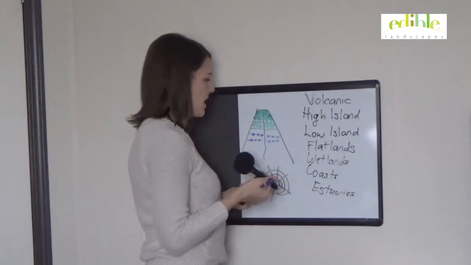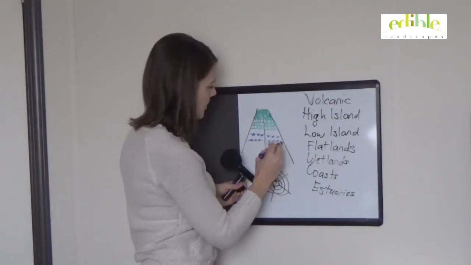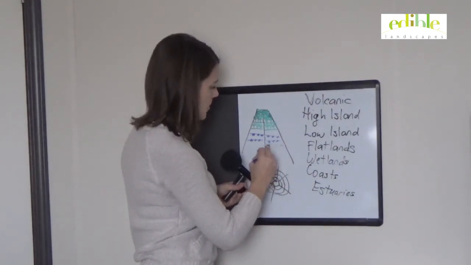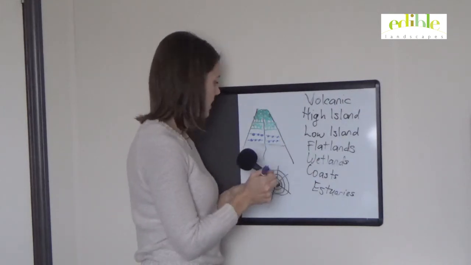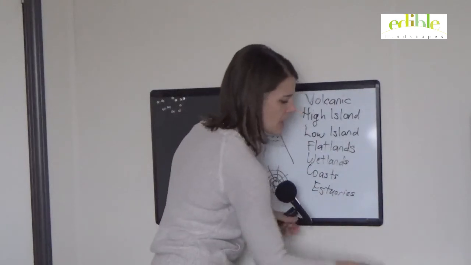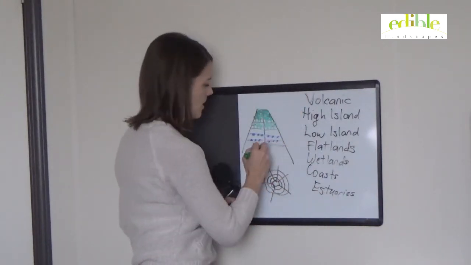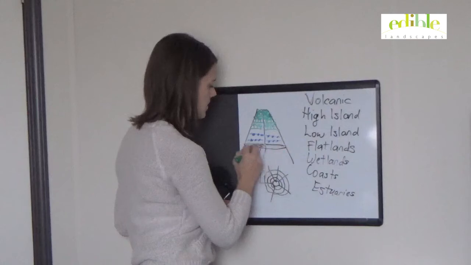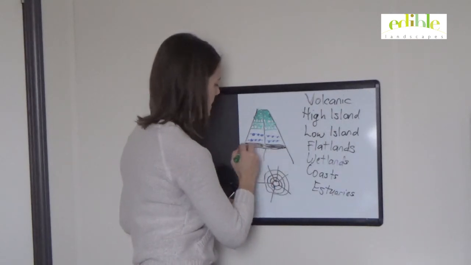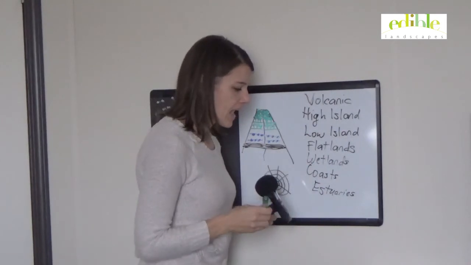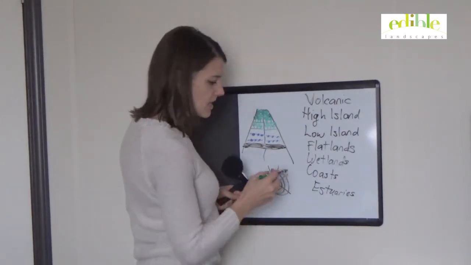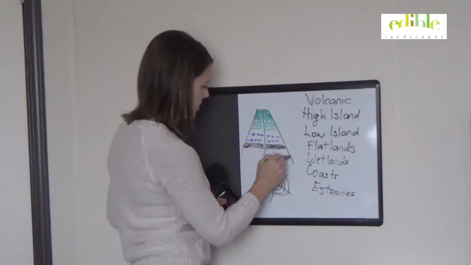And the next area, as we go down, would be the village gardens. So this would be kind of their annual crop garden, things that they would be picking constantly for meals, probably some medicine and things like that in there as well. And then the next is actually just the village itself.